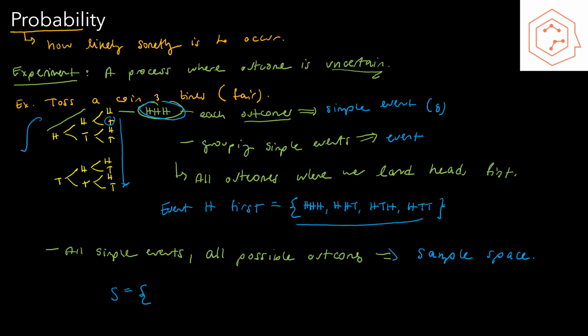So everything in our tree diagram. So that would be heads, heads, heads, heads, heads, tails, heads, tails, heads, heads, tails, tails, and then we can keep going. So our sample space is composed of all the 8 possible events.